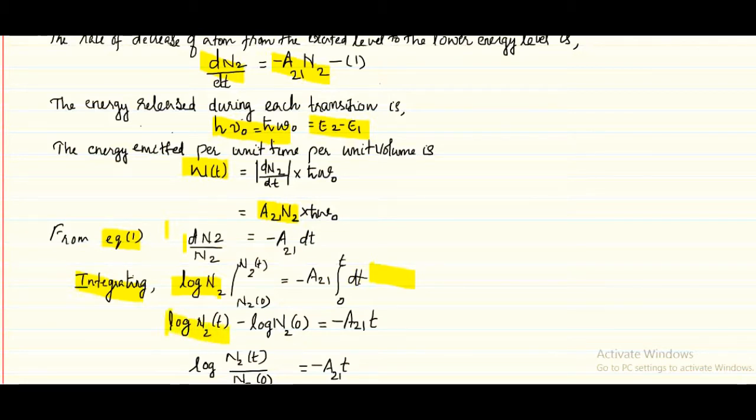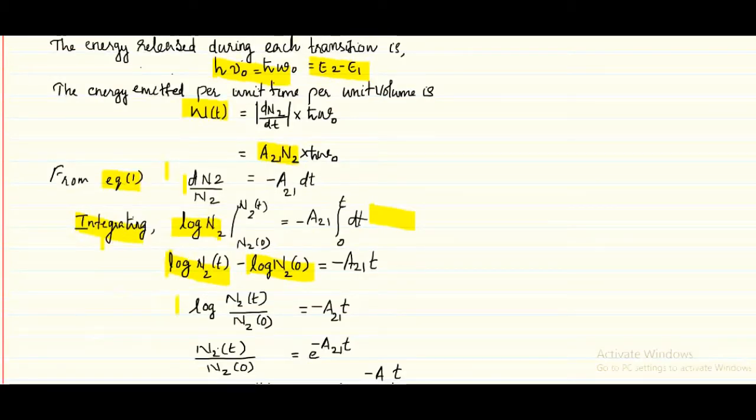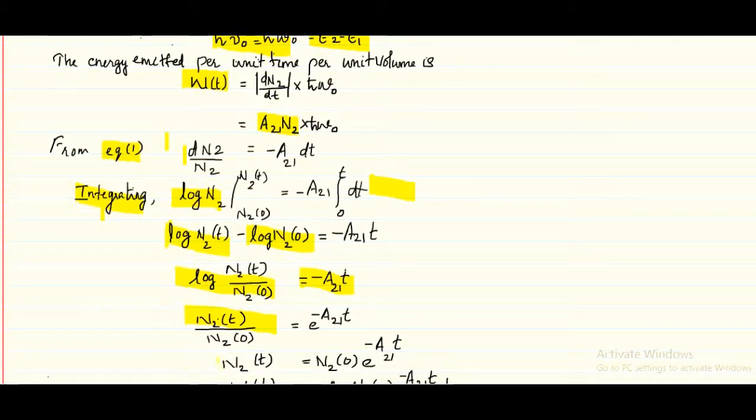Applying the limits, log N2(t) minus log N2(0) equals minus A21 t. So log of N2(t)/N2(0) equals minus A21 t, that is N2(t)/N2(0) equals e raised to minus A21 t. On rearranging, N2(t) equals N2(0) e raised to minus A21 t.